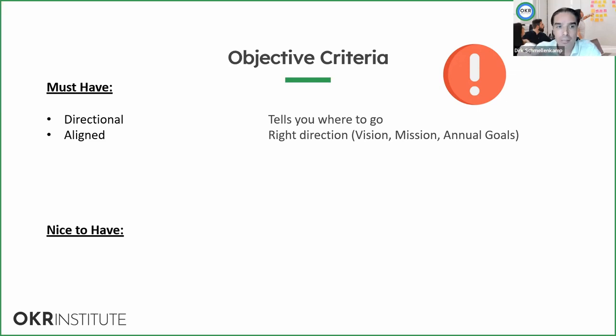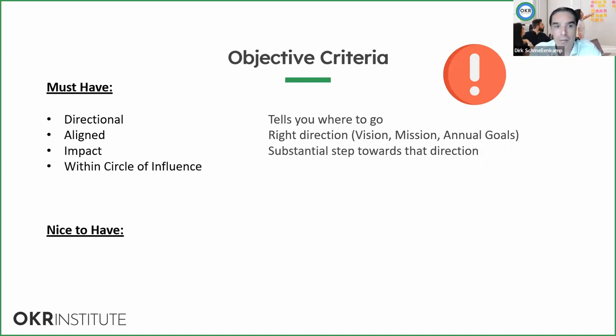And then you think about your OKRs, which can really help you move in this direction. Impactful, a substantial step towards that direction. Within the circle of influence, so every objective and key result has an owner, and it should be within their influence to measure it and to achieve it.